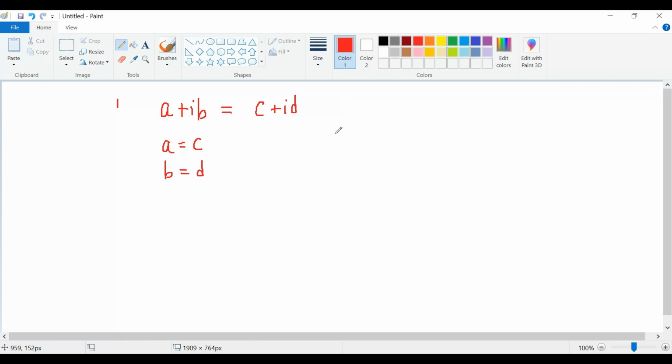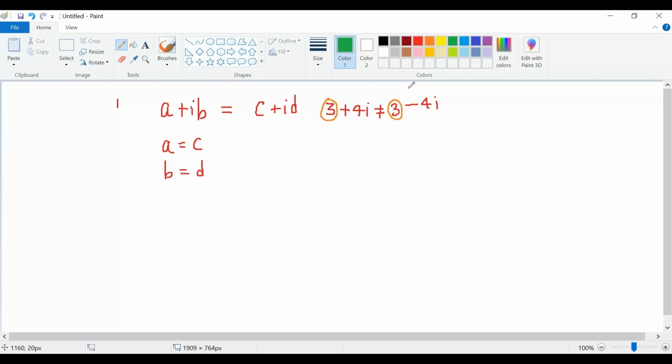For example, if one complex number is 3 plus 4i and the other complex number is 3 minus 4i, then these two complex numbers are not equal. The real part of the first complex number is 3, and the real part of the second complex number is also 3.